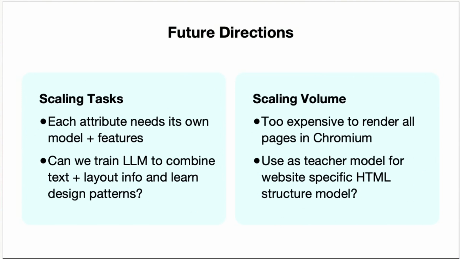Can we use these very accurate models as teacher models and automatically learn simpler models that'll work on the bare HTML? It's not going to work on every single page. Some web pages just don't have the information you want in the HTML structure. But if we can automate that process, that's going to help us get to that next milestone, an order of magnitude in terms of scaling.